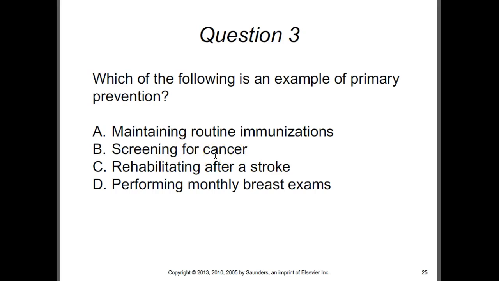Everything about secondary prevention is trying to catch it as early as possible. Rehabilitating after a stroke, so rehabilitation or anything trying to return you back to normal is going to be tertiary, right? Again, that's what hospitals are for. People come in, they're sick, and we've got to, like, you know, Humpty Dumpty fell down, and we've got to glue Humpty Dumpty back together again and then deliver Humpty Dumpty in the form that he came back out into the world. So maintaining routine immunizations is our example of primary prevention.